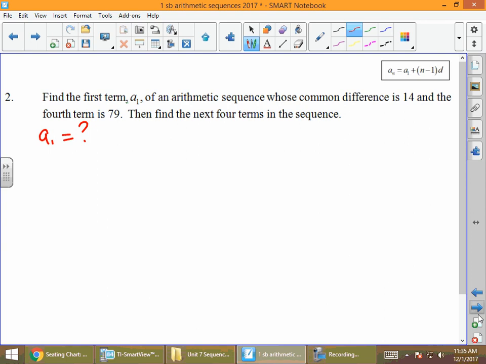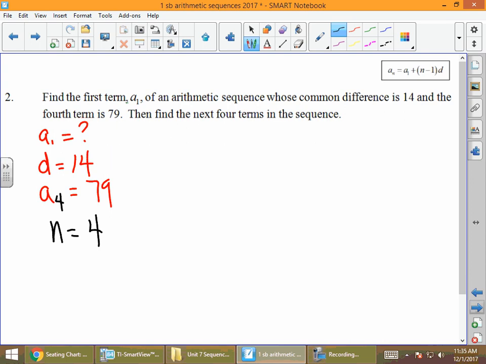But we do know the common difference. It's 14. And we also know the fourth term, which is a sub 4, and it's 79. And because we know a sub 4, we know one more piece of information. Do you know what it is? And I tried to color code it, but it's that n equals 4.